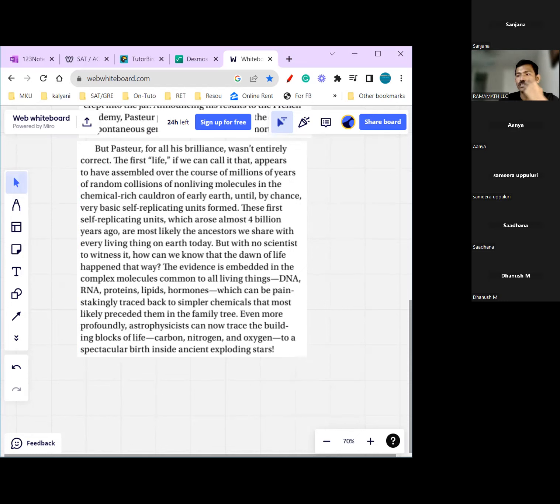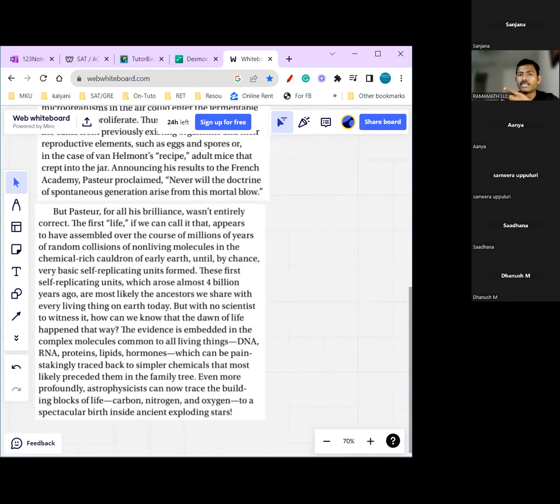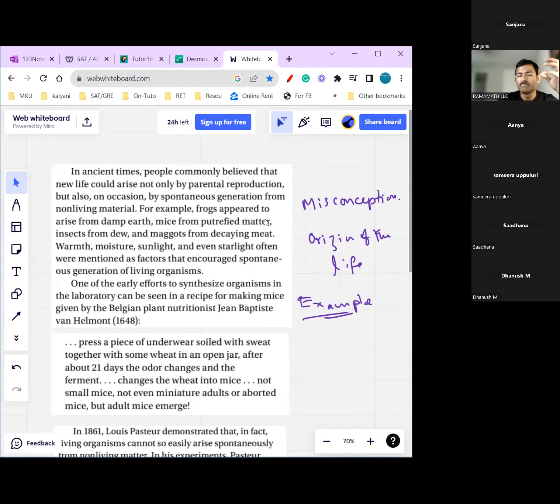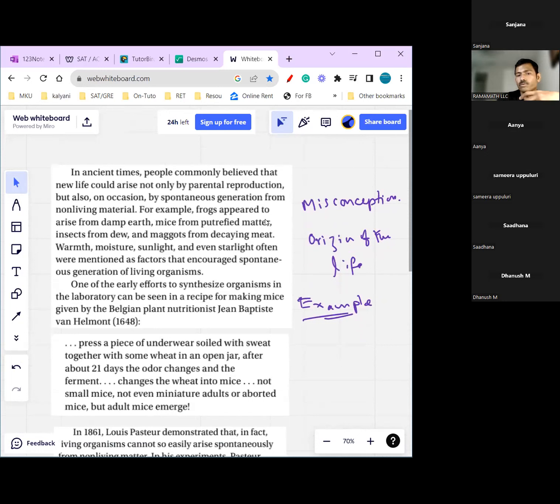If you see the structure of the passage, at the beginning there is a misconception. As you read about how life came to the earth, the misconception is presented in the passage. In the first paragraphs, whatever the author wrote is a misconception provided to you, and then they support that misconception with an example.